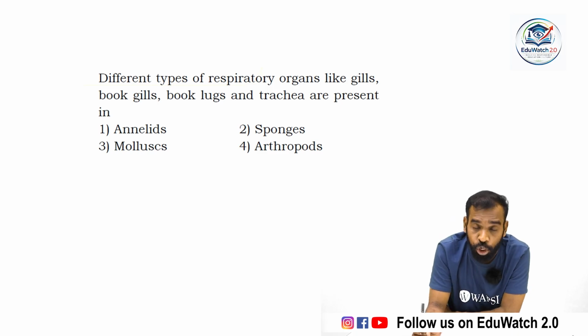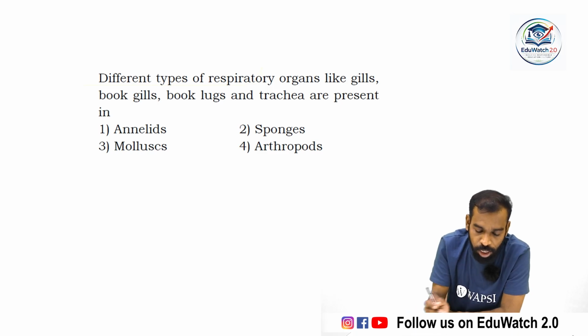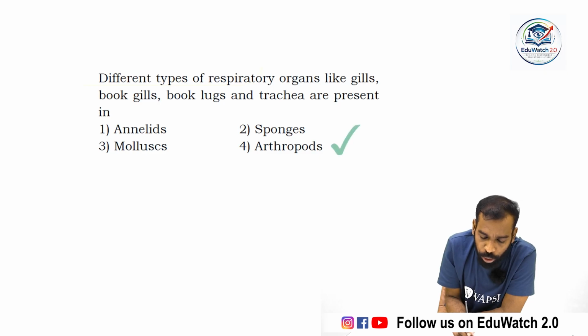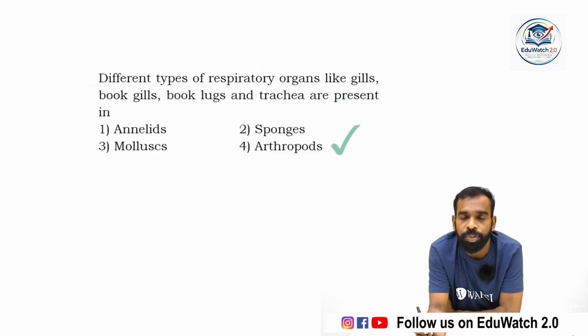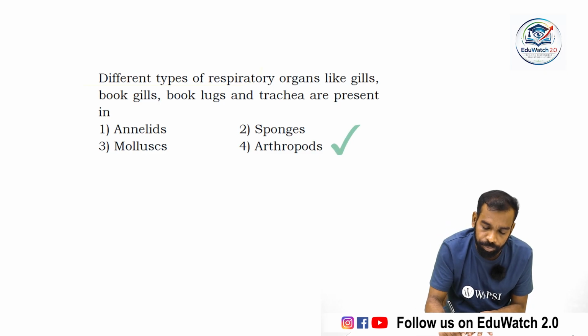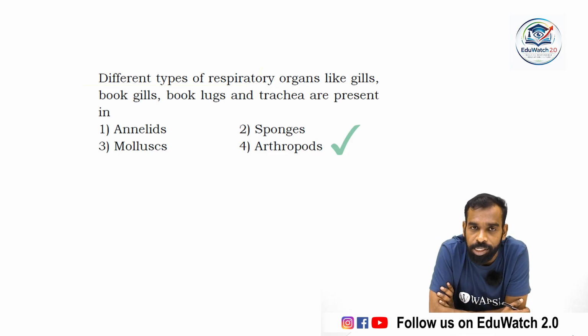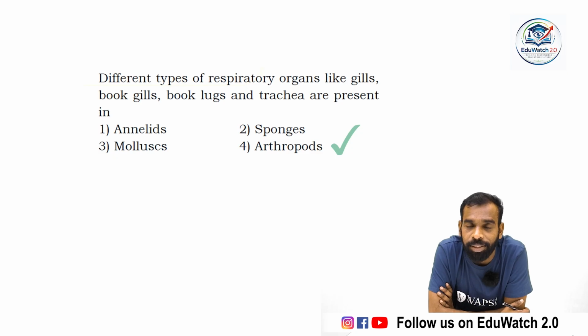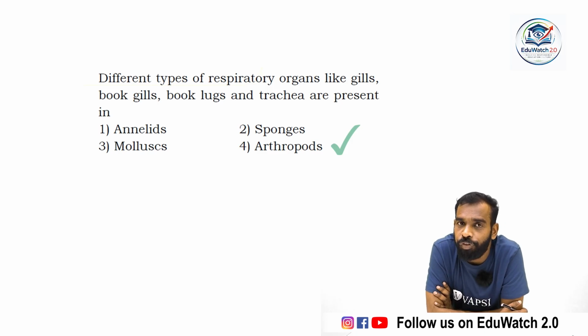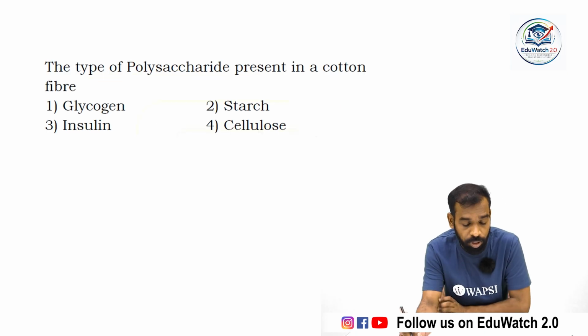Yes, no doubt, option 4 arthropod is the correct answer. Phylum Arthropoda has respiratory organs like gills, book lungs and trachea. Trachea means tracheoles in the case of insects.